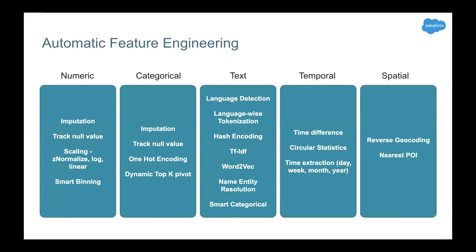The library was built in a way that makes it very easy for users to add different transformers and estimators. And I hope this terminology is familiar to you, because it's been actually reused from what we had in SparkML and other popular libraries.